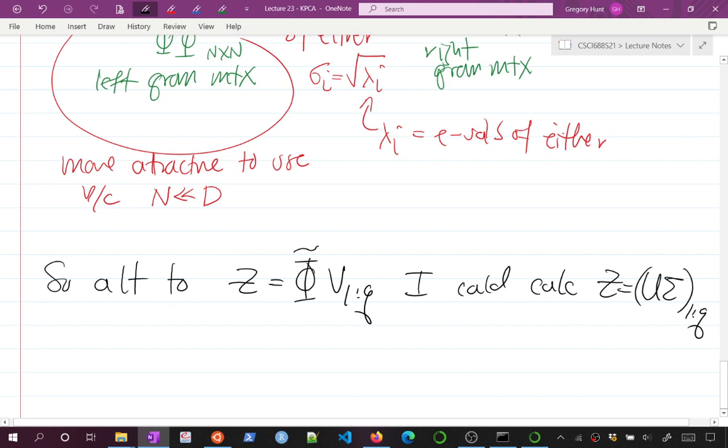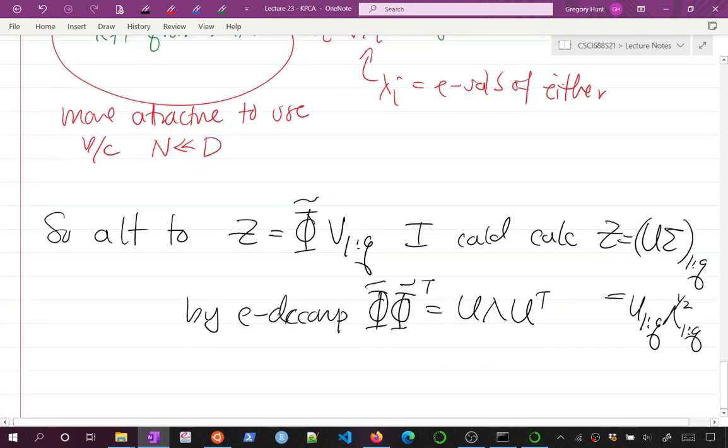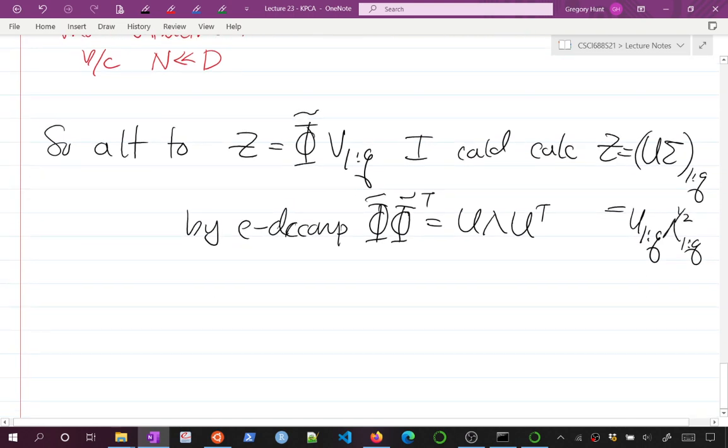If I eigen decompose this left one, phi tilde phi tilde transpose, as U lambda U transpose, then the first Q columns of U sigma is the first Q columns of U times the first Q columns of lambda to the 1/2. So that's a cute little trick.